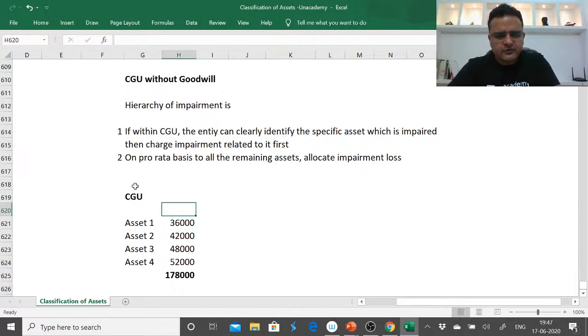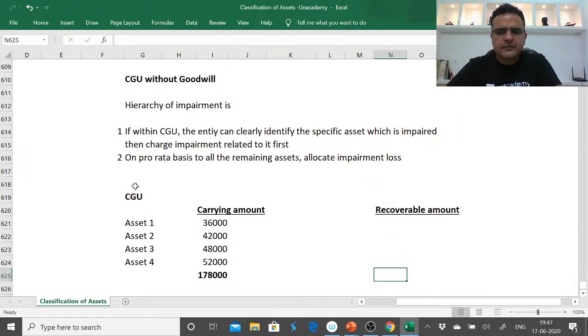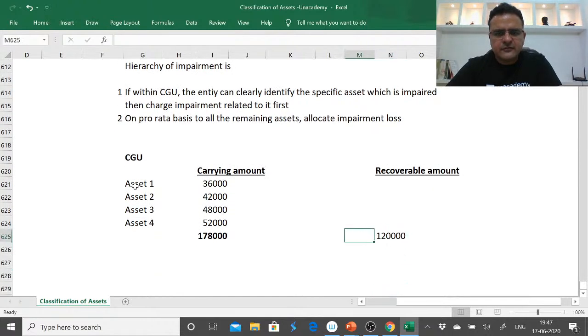These were the carrying amounts. Recoverable amount is say 1,20,000 of this CGU. So total loss turns out to be 178 minus 120. 58,000 is the total loss.